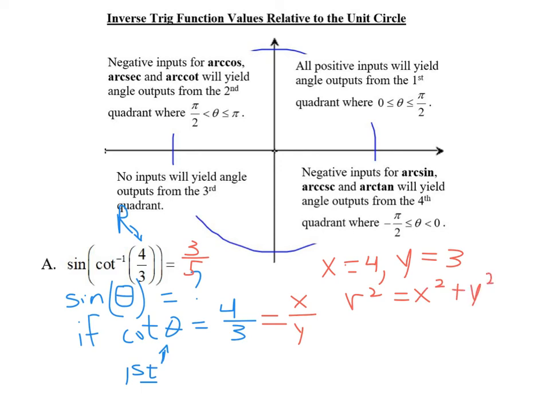All right, so of course we know by now, probably this is the 3, 4, 5 right triangle, right? 16 plus 9 is going to give us 25. So we can figure out that r is equal to 5. And now if I want the sine of theta, I just take my y, which is 3, and I put it over my r, which is 5.